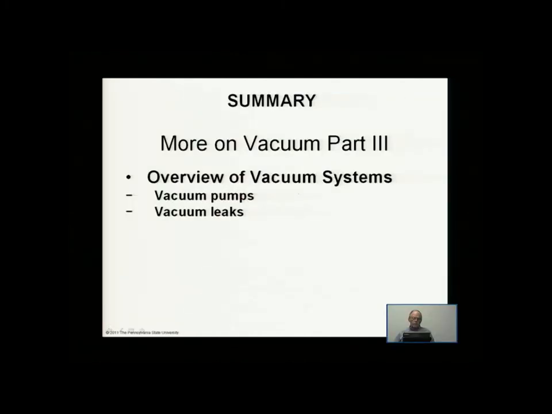And then we looked at vacuum leaks. What can go wrong? Virtual leaks. We looked at real leaks, and we looked at ways of being a detective and figuring out which type of leak one has in a given situation. So look forward to seeing you next time in Lecture 7 when we discuss processing and characterization, which does not involve vacuum systems.